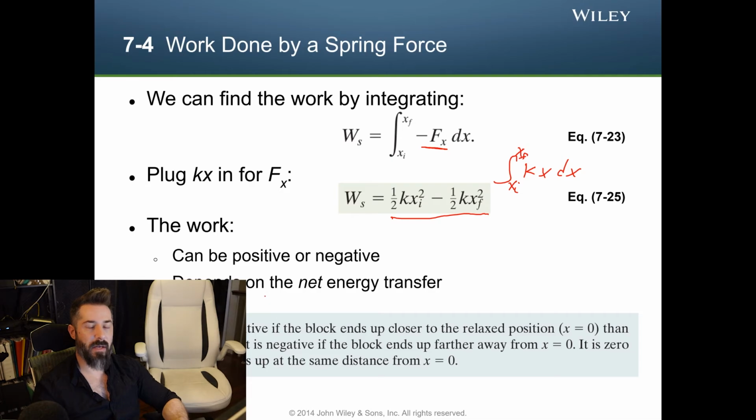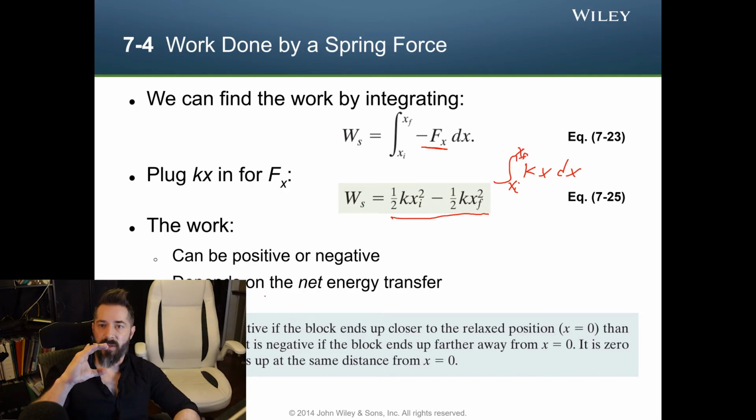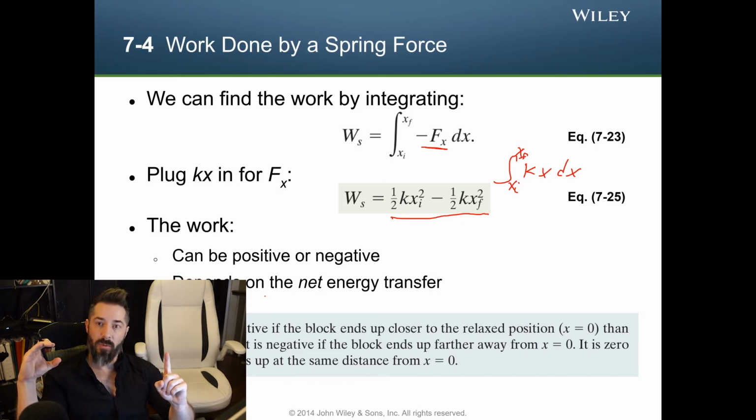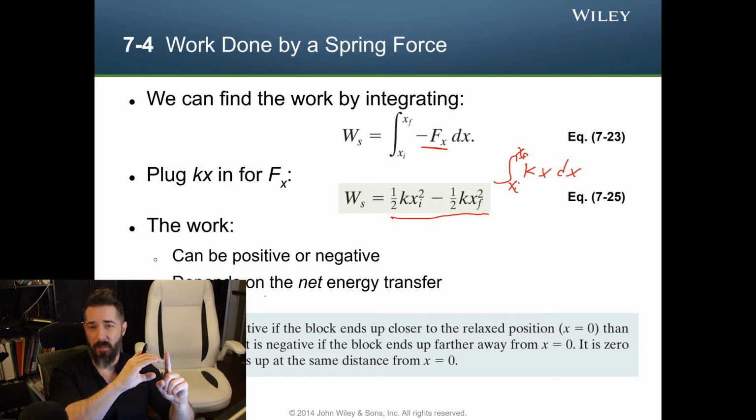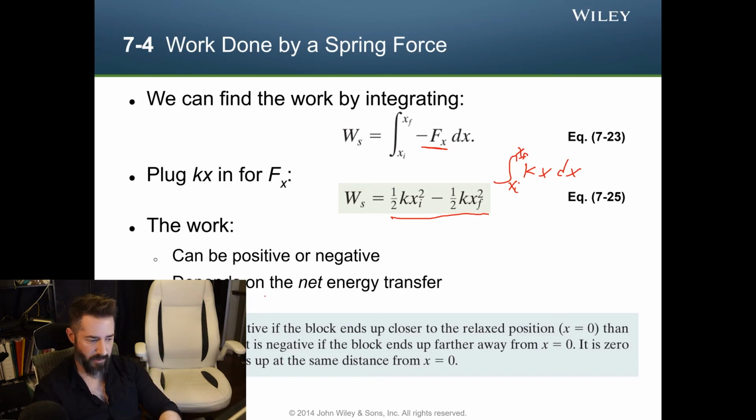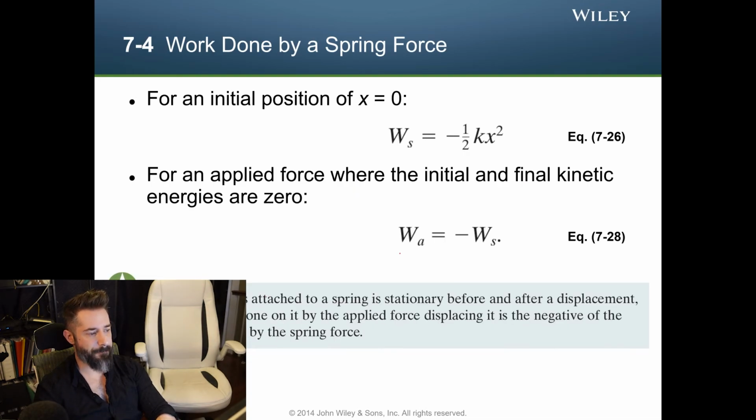So basically if a block's resting point is here and it's attached to a wall over here and you pull it out, when you let it go, if it starts to slide towards it, it's doing positive work because it's going back to where it wants. If it hits the part where it wants to rest and keeps going, now it's become negative, right? But then it's going to stop and the spring's going to compress it again and it's going to go back this way, so then it's positive. So they're just differentiating between the positive and the negative.